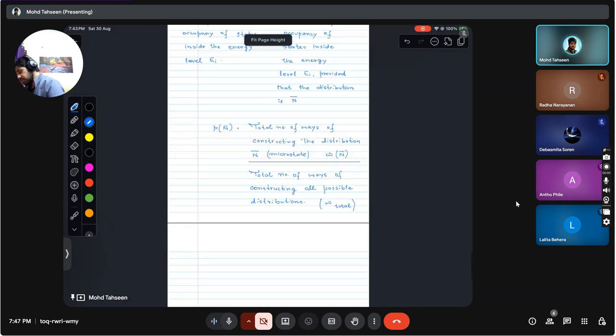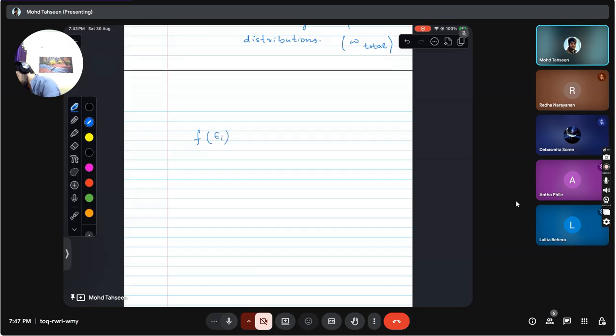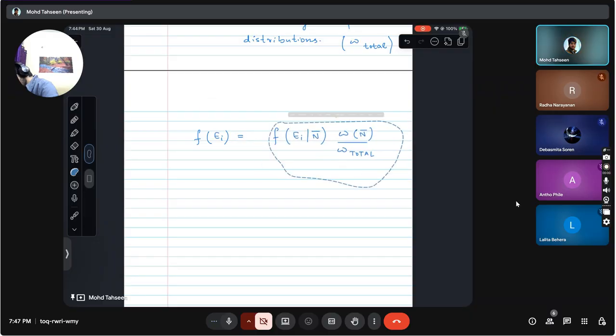And then if we use this in our equation above, what we get is f of EI is equal to the summation of f of EI given n bar times P of n bar, or if we just rewrite this, omega n bar divided by omega total. And again I missed the summation.